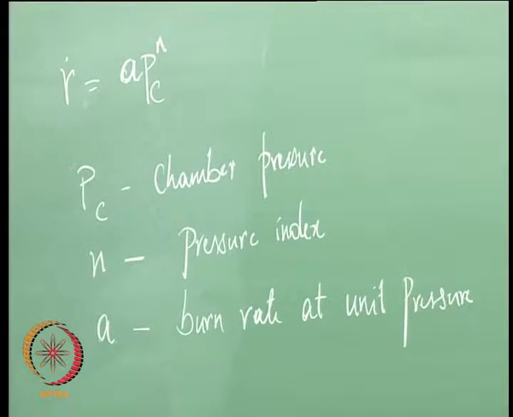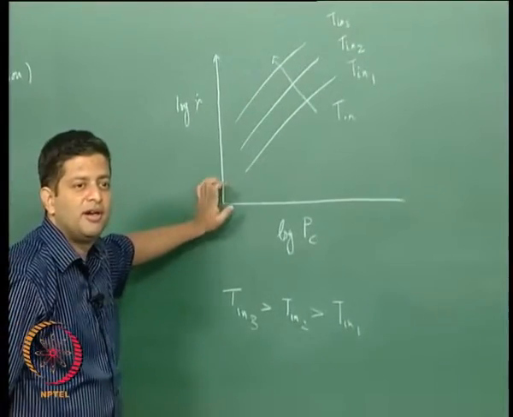That is, if you look at this graph, when Pc is equal to 1, what is the burn rate that you will get?